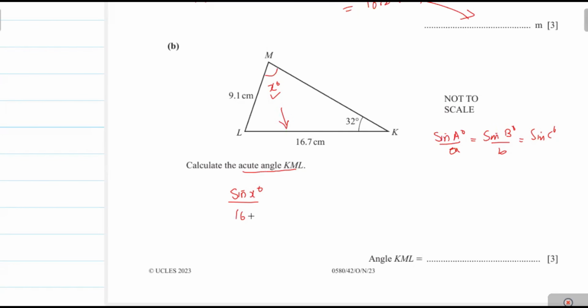This is 16.7 equal to sin 32 degrees. We take the side opposite of this angle, which is 9.1.